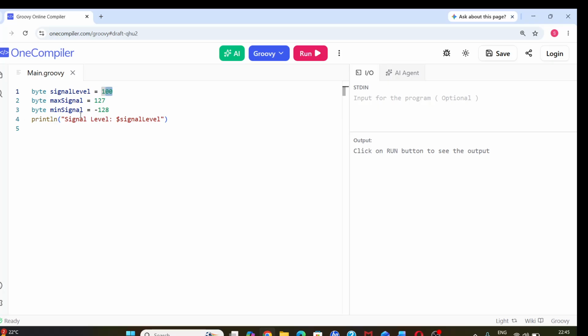And here you can see byte min signal equals minus 128. This declares a variable named min signal and assigns it the value minus 128. This is the lowest negative value a byte can represent. So now we have clearly defined the upper and lower limits of the byte data type.